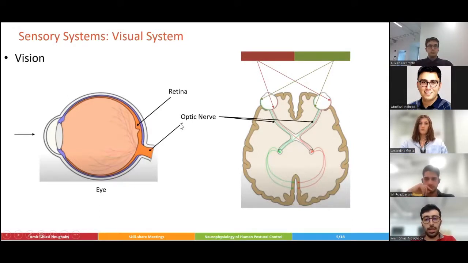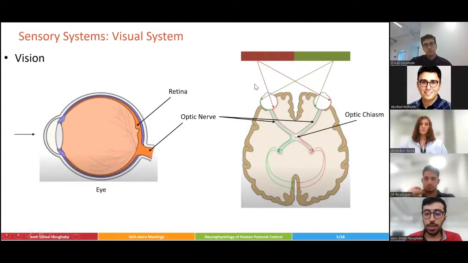Then, after some processing, the sensory receptors of the eye, called photoreceptors, receive this light and generate the visual signals that go through the optic nerve.